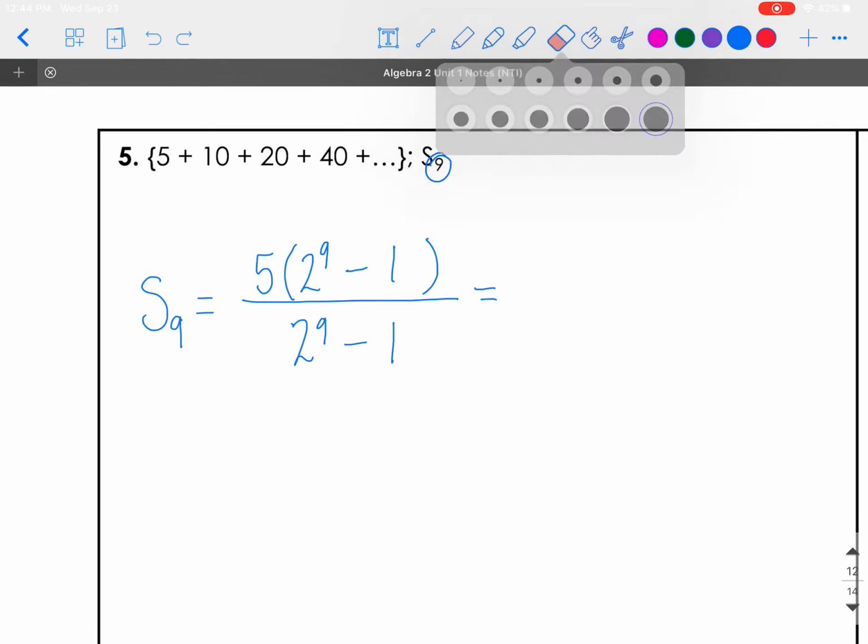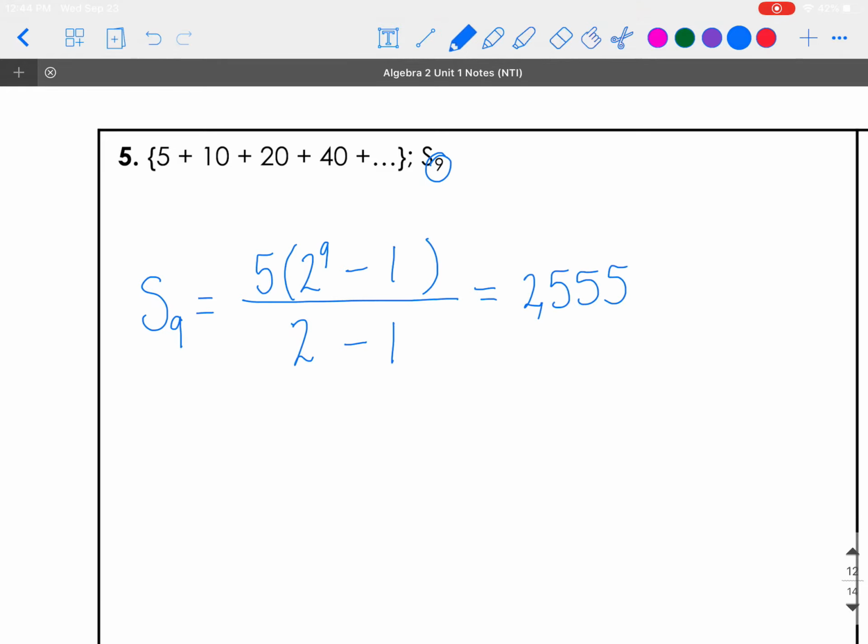Oh, whoa. Just kidding. It's just 2 minus 1 on the bottom. Good grief. All right, so you should get, if you do it correctly, and if you caught my mistake, good for you, 2,555.